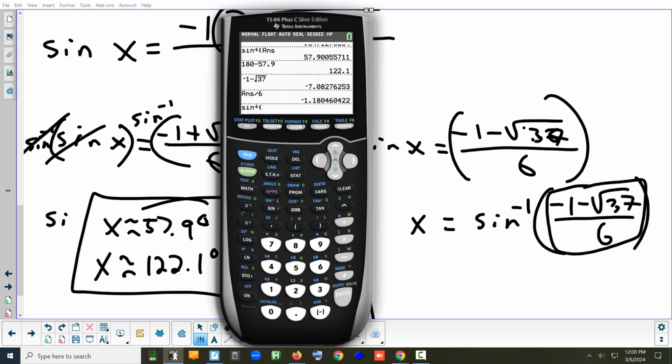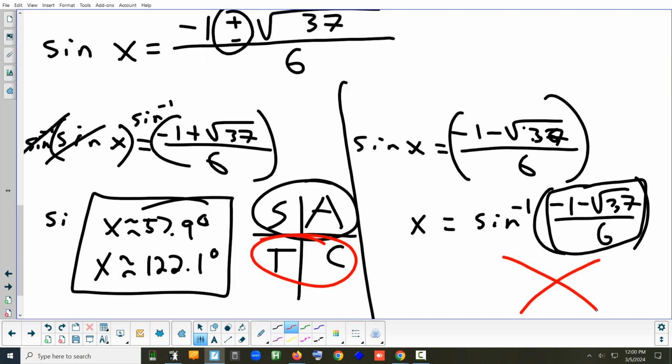Right, when we try to type that in, the inverse sine of the last answer that I had on the screen, it gives me an error because it doesn't go that low. So this time you don't get any answers from this part. These are your only two answers. Yep, those are the only two.